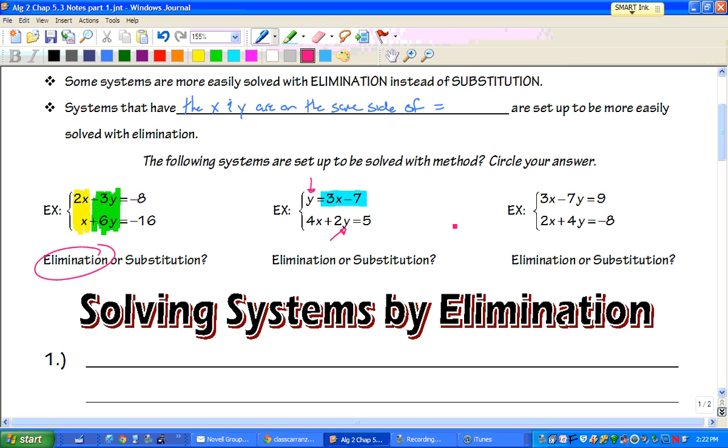That means we would plug it in. That's substitution. Look at example number 3. Which method do you think would be best? Well, take a look. The x's and the y's are on the same side. So that means we would use elimination. Okay?